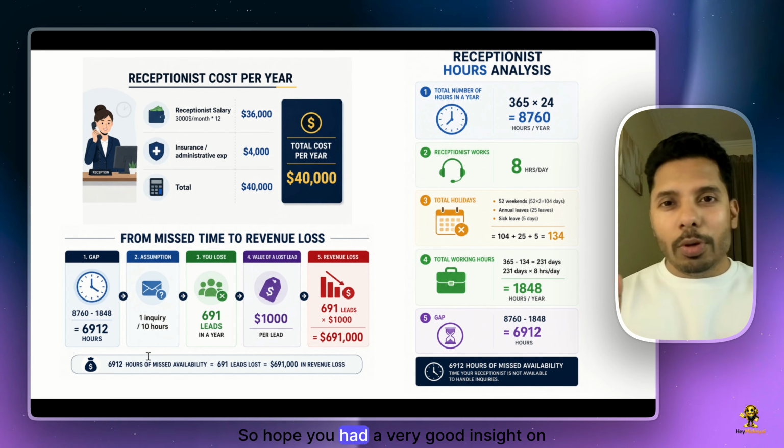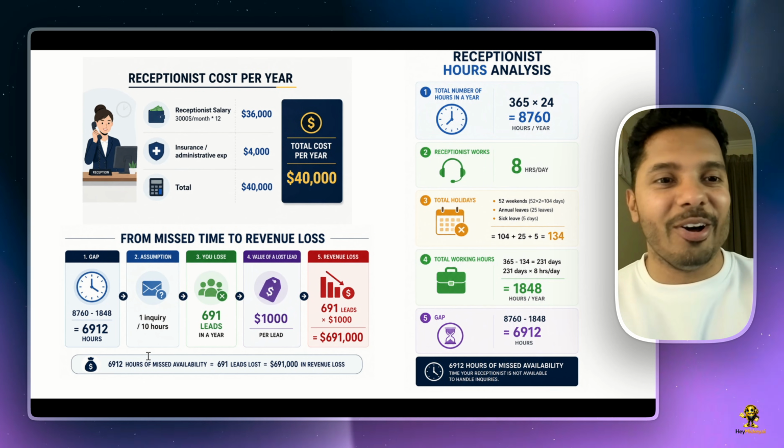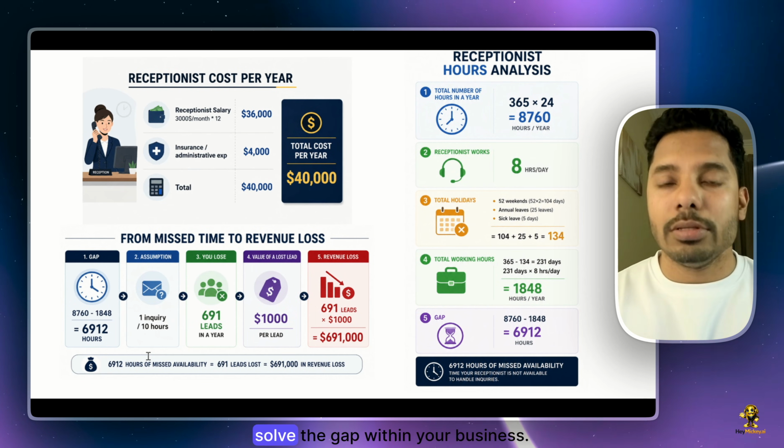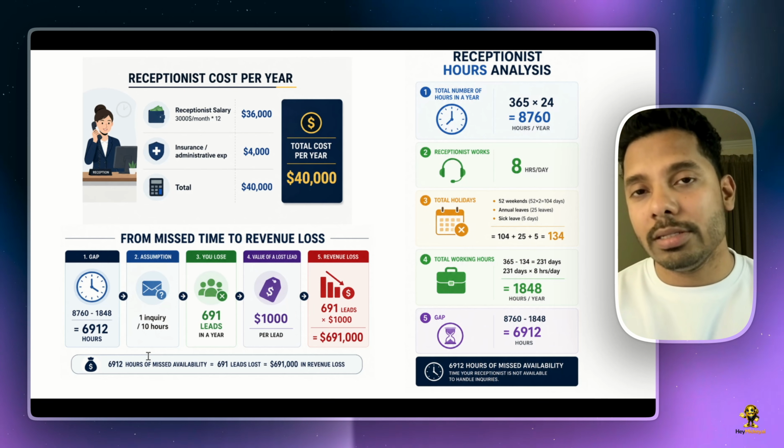So hope you had a very good insight on how this works and how it could actually help solve the gap within your business.